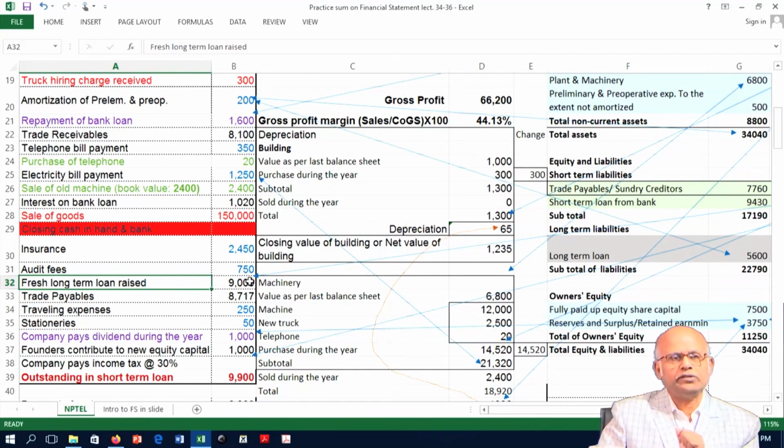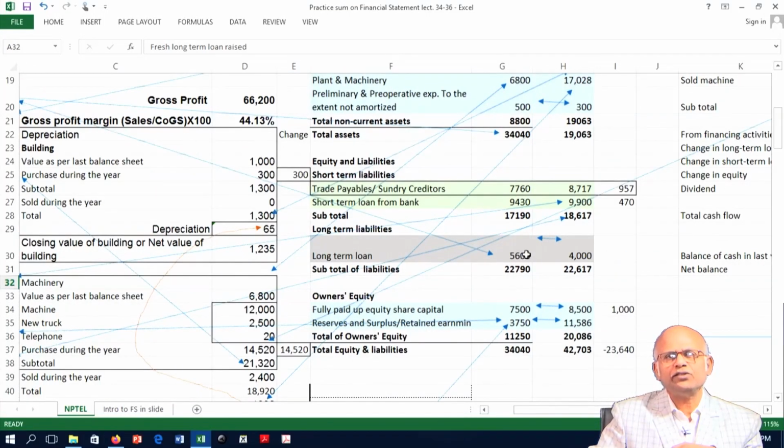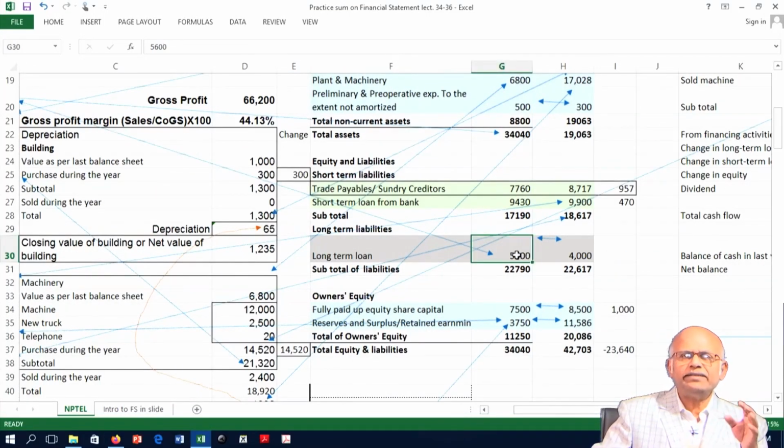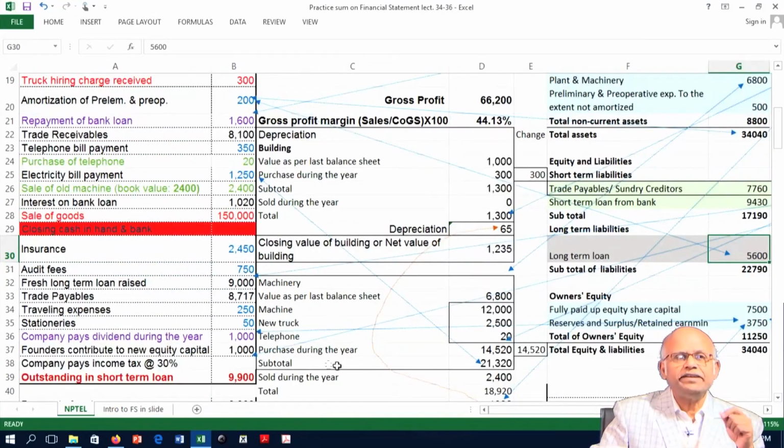So, we have to now add this with the opening balance. Opening balance is how much? It was 5,600. 5,600 is the opening balance. So, add that long term 9,000 crore rupees or 9,000 rupees with this 5,600, that makes 14,600.